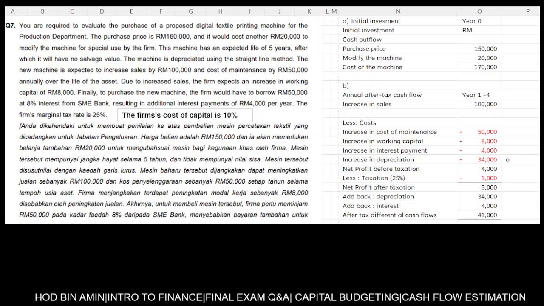You are required to evaluate the purchase of a digital textile printing machine for the production department.